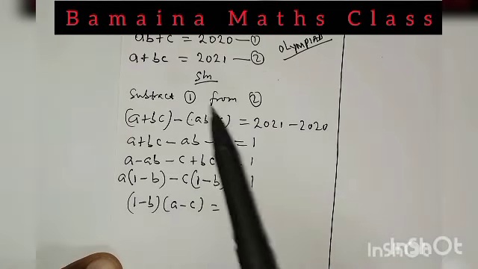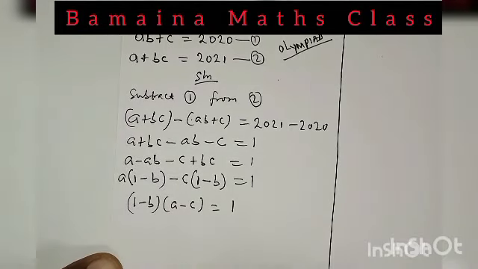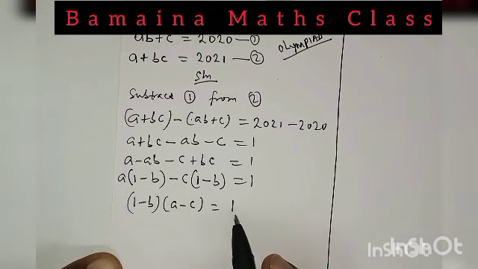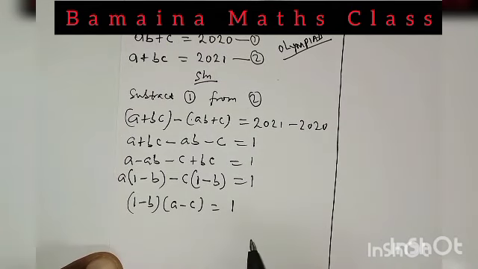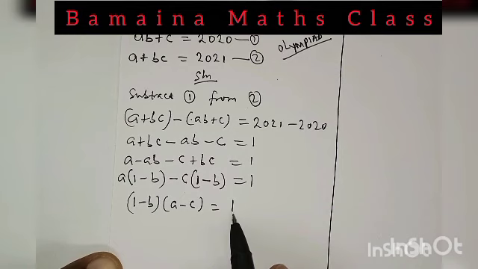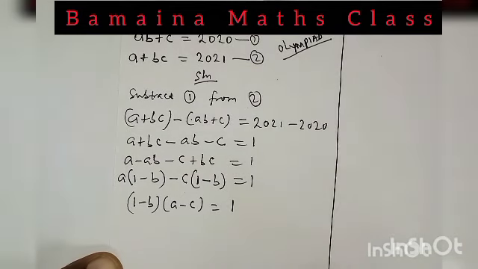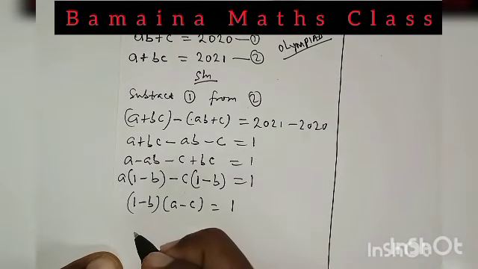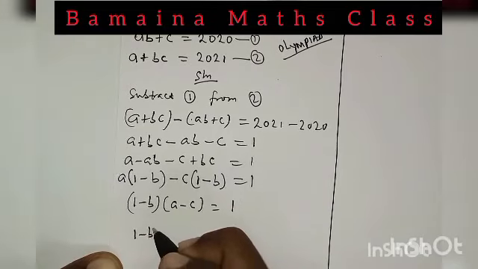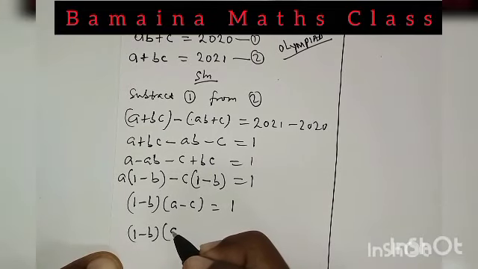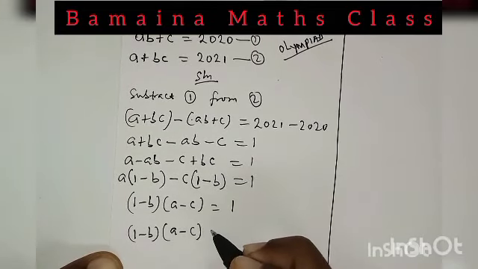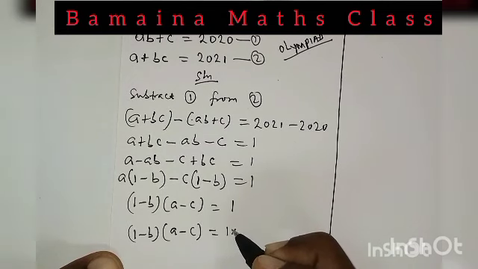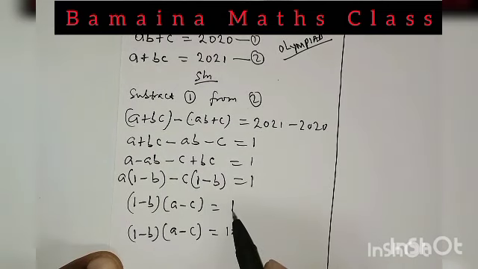So now we are looking for integer solution. So the only integers which multiply together to give you 1 are 1 and 1, or minus 1 and minus 1. So here we have 1 minus B into A minus C to be equals to 1 multiplied by 1, because 1 times 1 will give you 1.